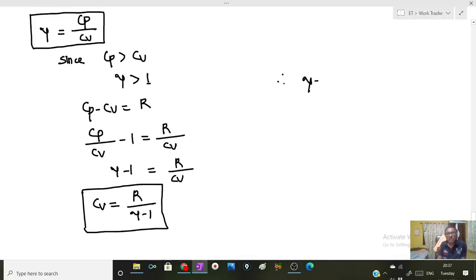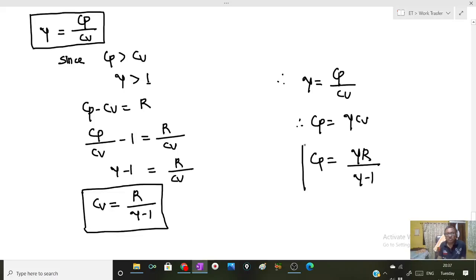Similarly, gamma is equal to Cp by Cv. So Cp will be gamma into Cv, or Cp is equal to gamma R over (gamma minus 1). So this is another expression to calculate the value of Cp in terms of gamma and characteristic gas constant R.